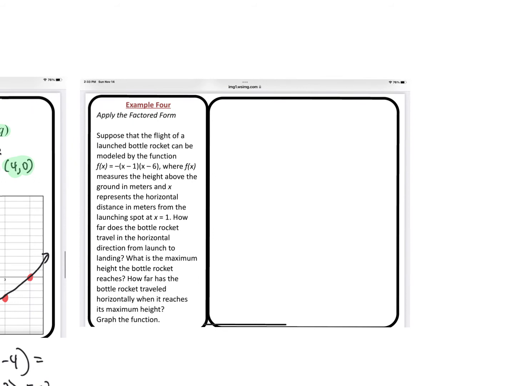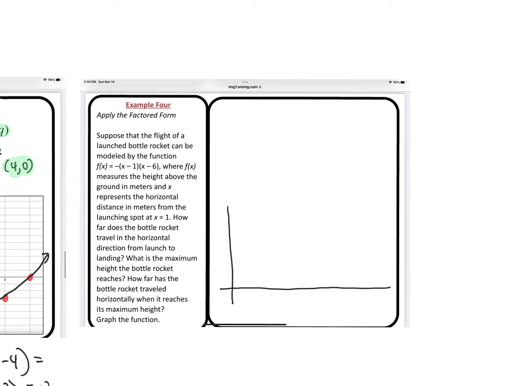And the bottle rocket, and I'm paraphrasing here, is given by this function right here, where f of x measures the height above the ground in meters, and x represents the horizontal distance in meters from the launching point. So what I want to do is go ahead and sketch things right here.